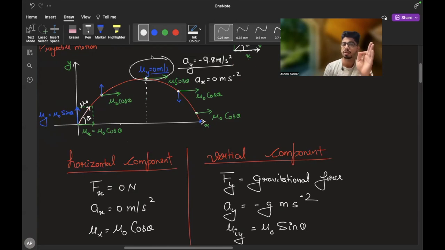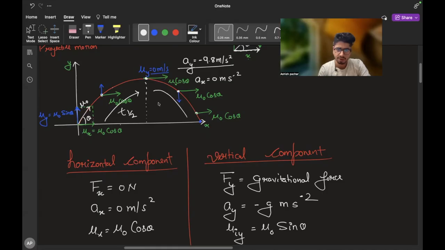The vertical velocity component is 0, meaning the final vertical velocity is going to become 0. You can make use of that. The time taken to reach the peak height I am going to call t half, because it is half of the total time period.